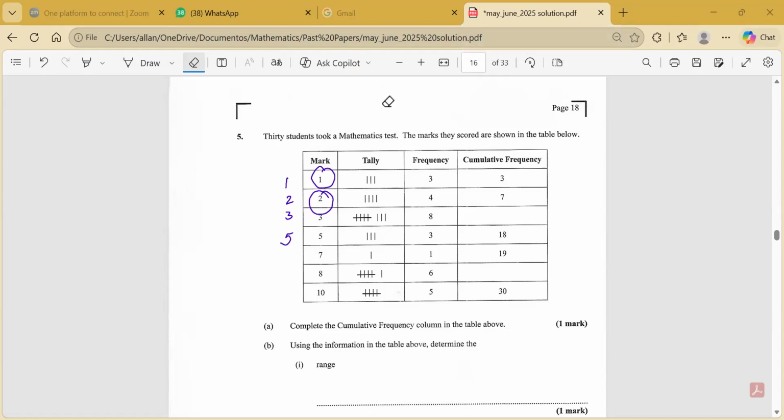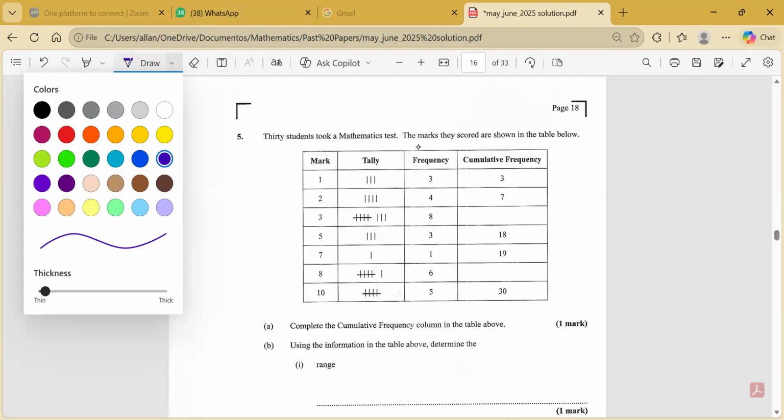So the frequency tells how often the mark occurred. So the first question is, the cumulative frequency is a running total. Now, when I was a boy in school and a teacher said that, the teacher did not explain what they meant by a running total.